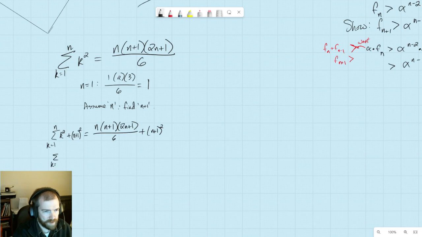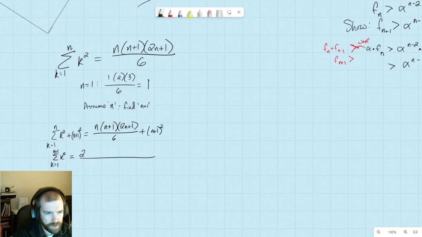This one is going to get us the sum for k going from 1 to n plus 1 of k squared, which is then equal to... here. This is going to expand out.